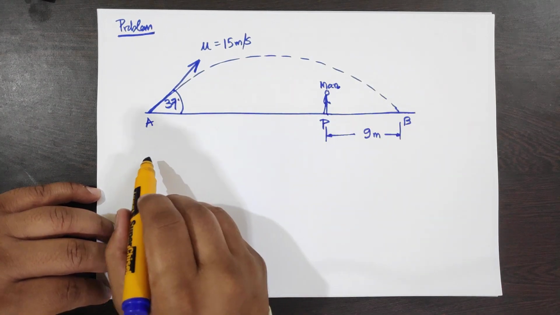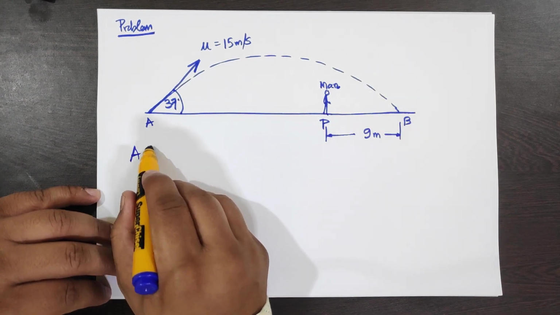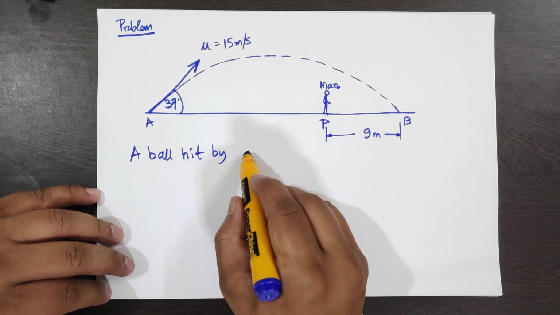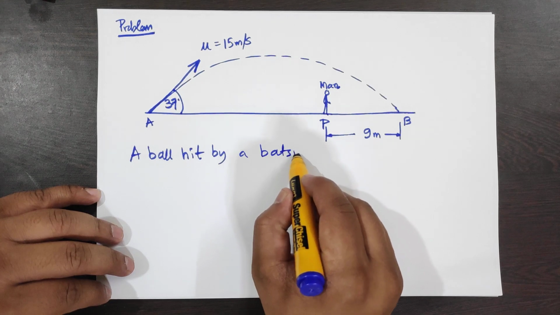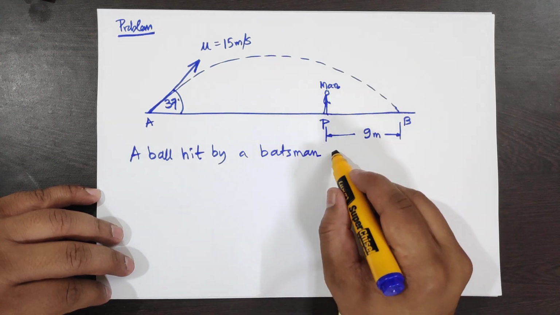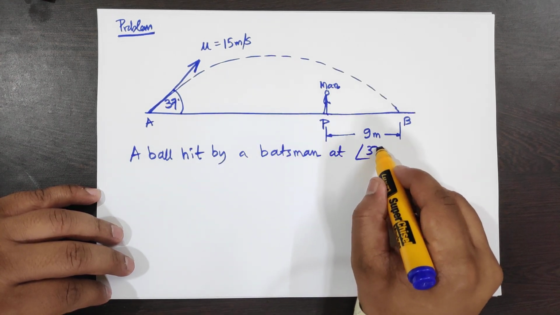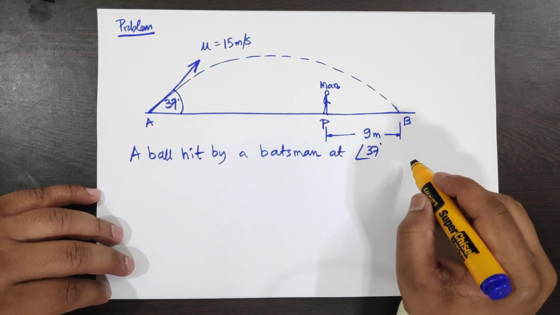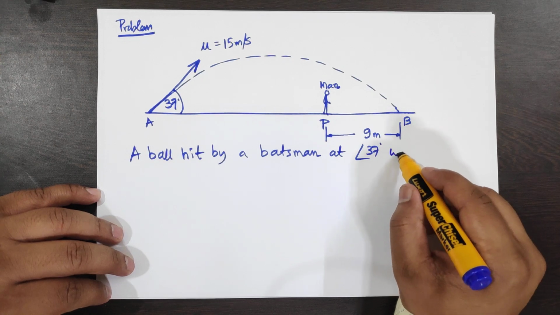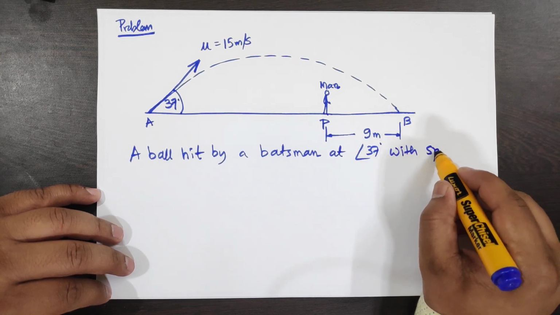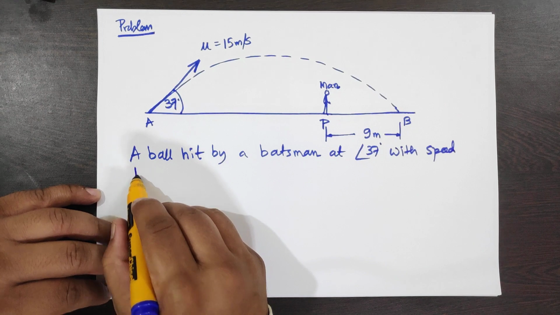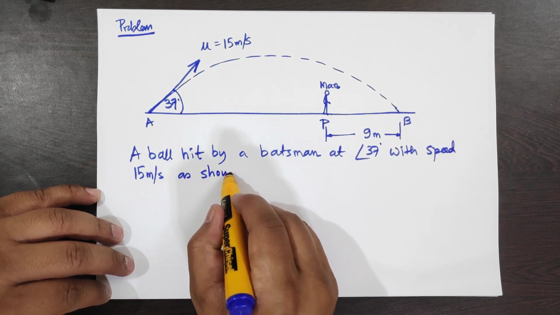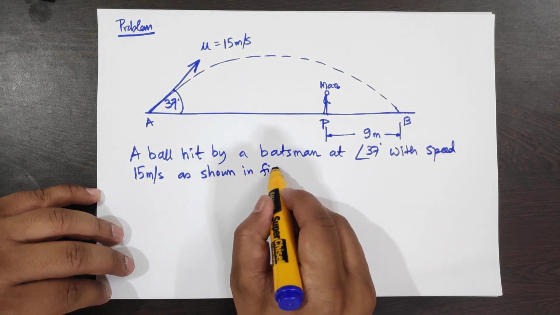The statement of the problem is that a ball is hit by a batsman at angle 37 degrees with speed 15 meter per second, as shown in the figure.